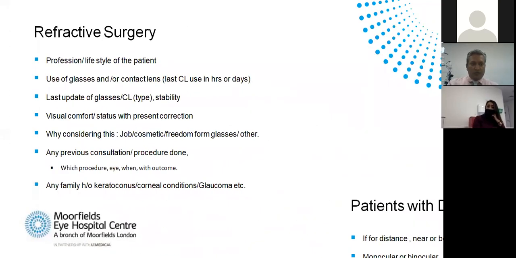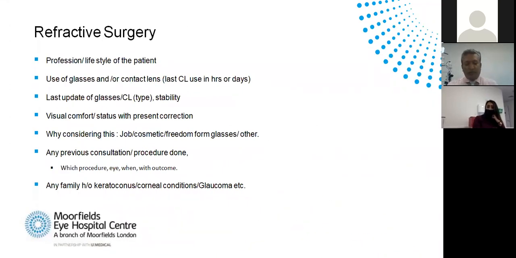Now let's move to the other category where the patient comes for refractive surgery. The patient is, say, already wearing glasses or contact lenses, but either they don't like it much, or they feel surgery is an alternative, or they want to get rid of the glasses. In either case, the lifestyle demands that.